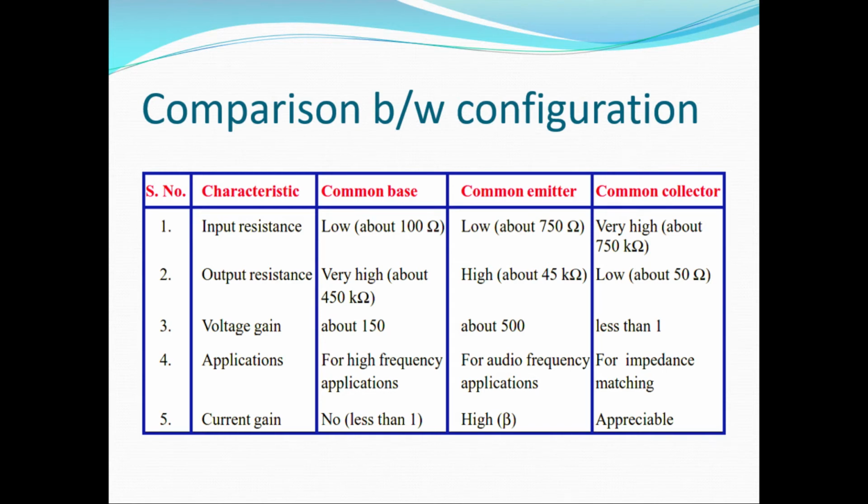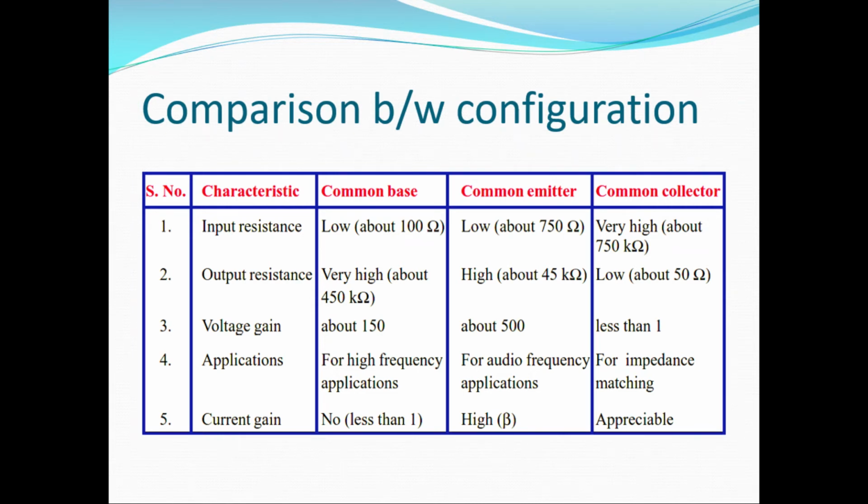Input resistance of a common emitter may be about 750 ohm or below 1 kilo ohm. Output resistance is very high for a common base configuration. It is about 450 kilo ohm to 1 mega ohm. The output resistance of a common emitter transistor is high, about 10 kilo ohm to 50 kilo ohm.